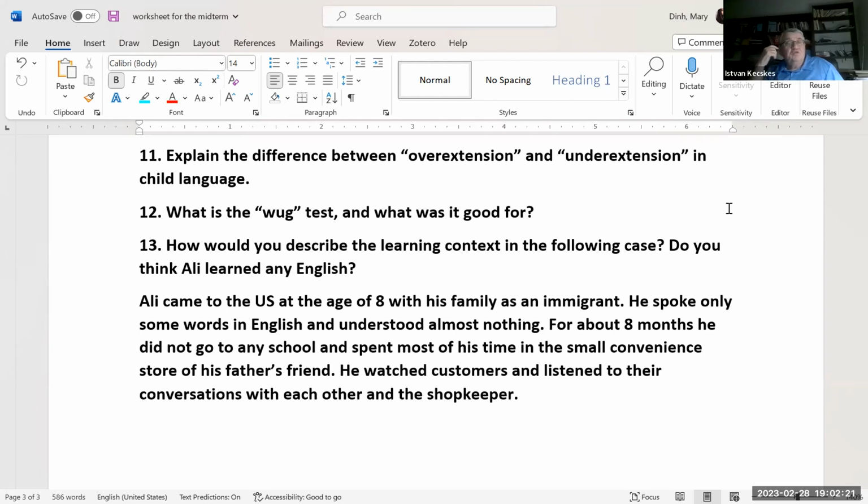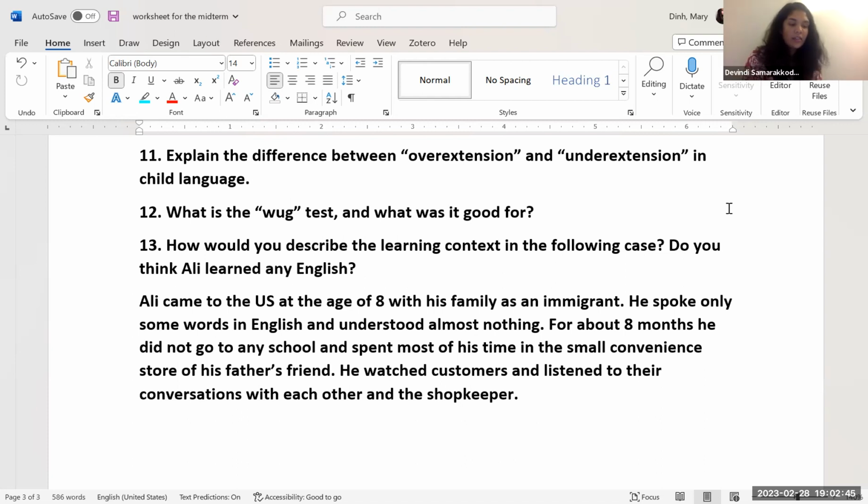How about the VOOC test? So what is the VOOC test and what was it good for? You remember also when we talked about the first language, we mentioned the VOOC test. And that was a very important test. But what was that good for? You remember what it was? Davindi.